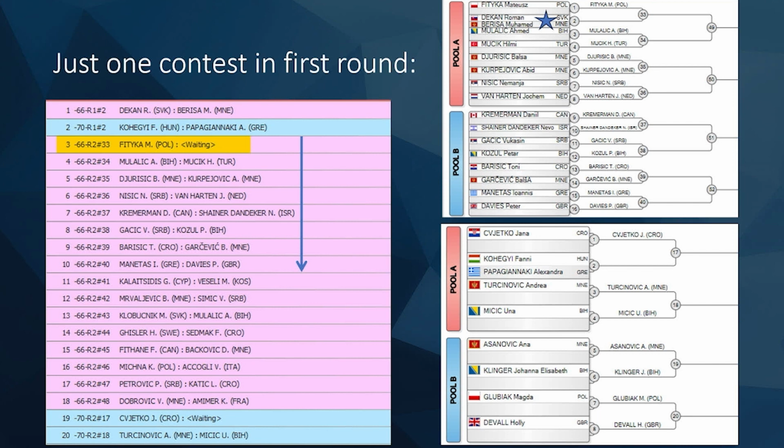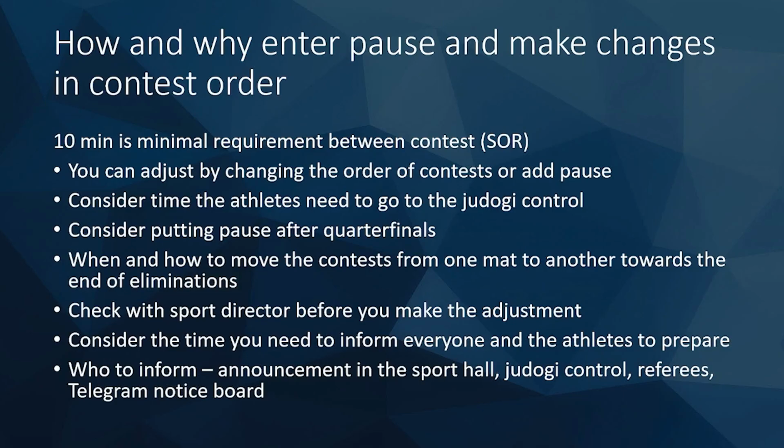So this athlete has a good amount of rest, time to change the judogi and pass everything that he needs to pass. It is like you all already know. 10 minutes is the minimum required break for the athletes.